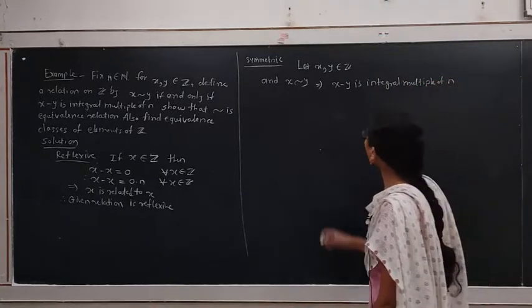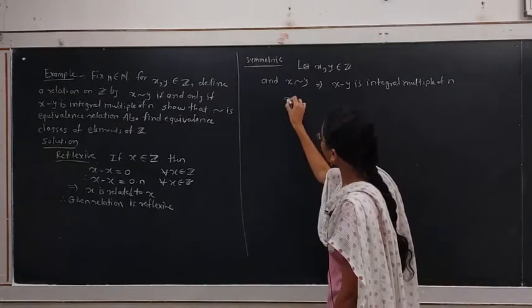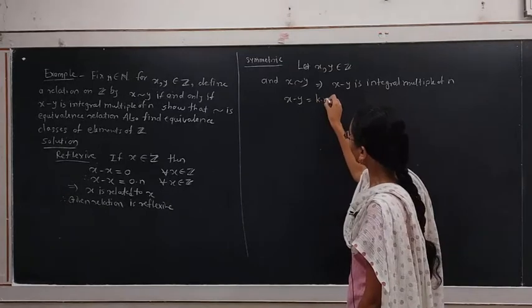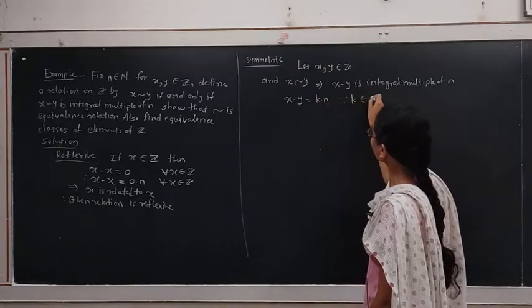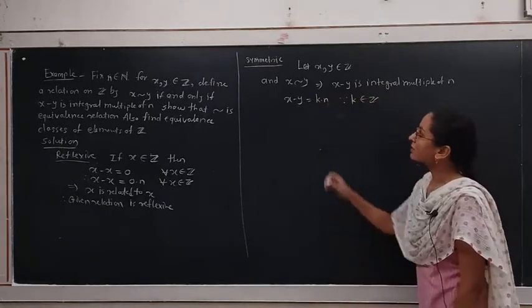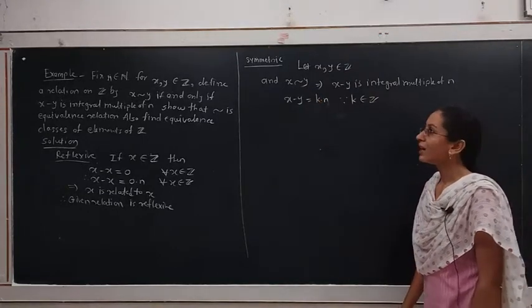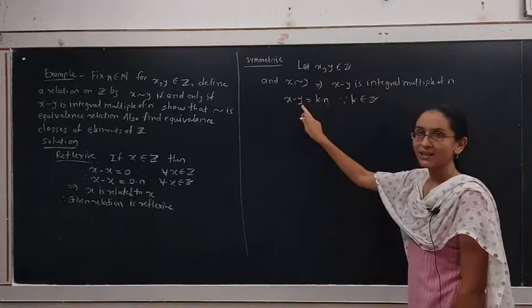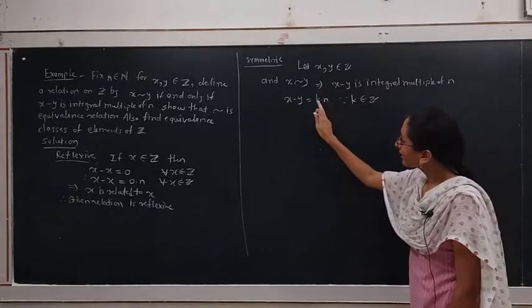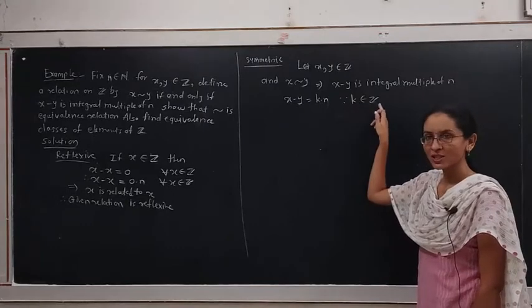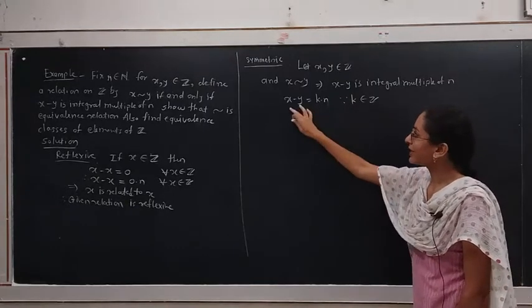What is this? It means x minus y is equal to k into n, where k belongs to Z. x is related to y means x minus y is an integral multiple of n. Hence, x minus y is some integer into n, k belongs to Z.